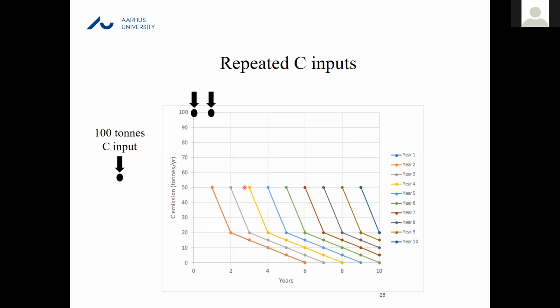So we keep on adding carbon each year. And what you see is we build up a family of decay curves. What you can also see is that after the 5th year, all of the carbon input from the first year has been lost. So after that, this pattern just repeats itself year after year.